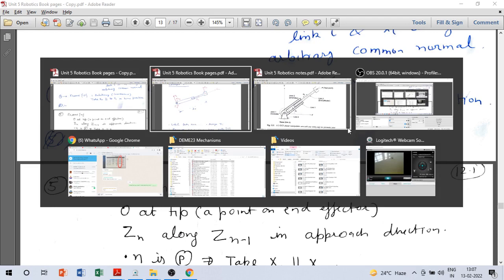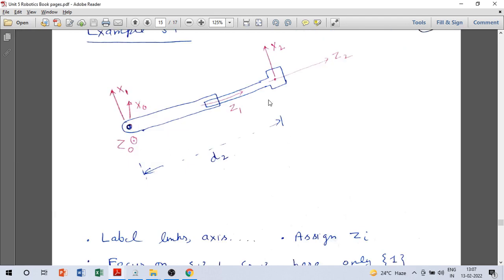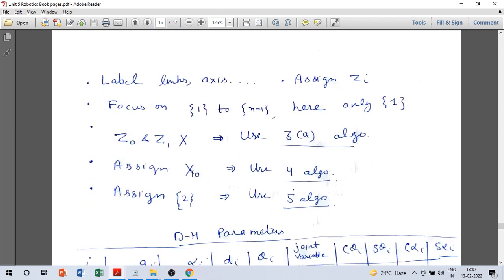So home position I am taking when this whole thing is at angle 0. So when this is in home position, x1 is going to point vertically upward. So we can take x0 pointing vertically upward. That is x0 shown here pointing this way, and that makes this the origin of frame 0. We have x0, z0 already. So that is the assignment for frame 0.